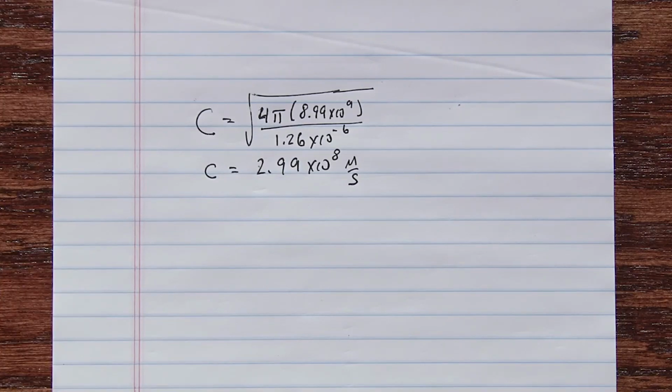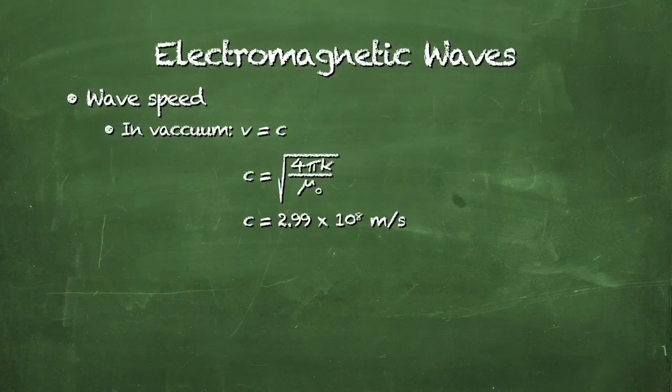It is related to our fundamental constants of electricity and magnetism. So in vacuum, the wave speed of electromagnetic waves is equal to c, the speed of light, which is 2.99 times 10 to the 8 meters per second.